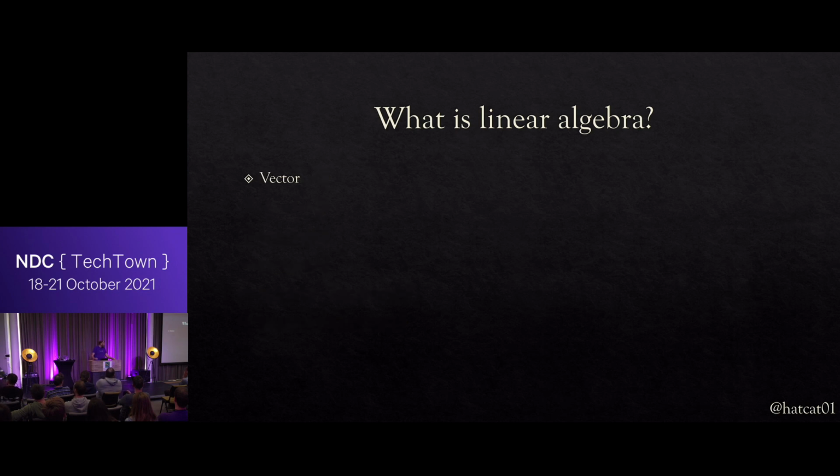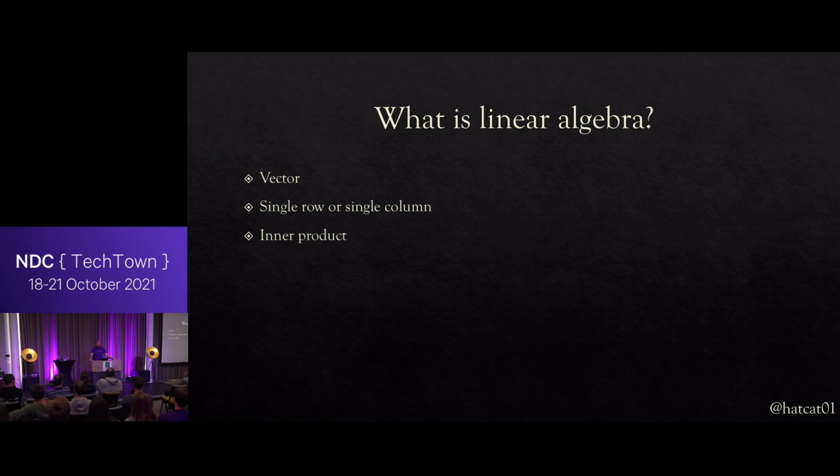Now, a vector is a special kind of matrix. Bear with me. It has only one row or only one column. A single row matrix may be called a row vector, and a single column matrix may be called a column vector. And the multiplication has two different forms, each with their own name.